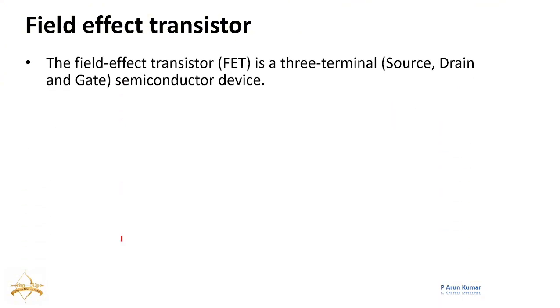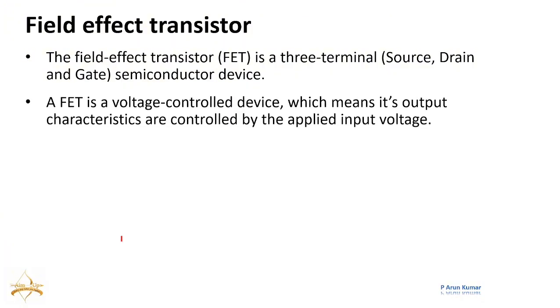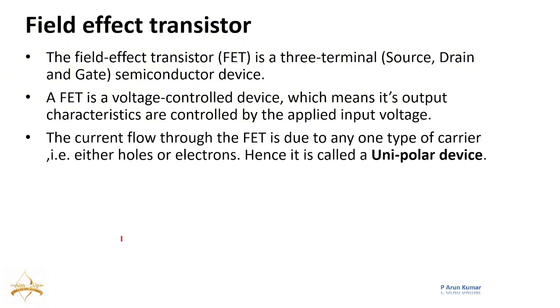So these are the points: FET is a three-terminal device that is source, drain, and gate, and all the output characteristics like output voltage and output current can be controlled with the help of an input voltage. And the other name for this FET is a unipolar device because it depends only on the holes or electrons.